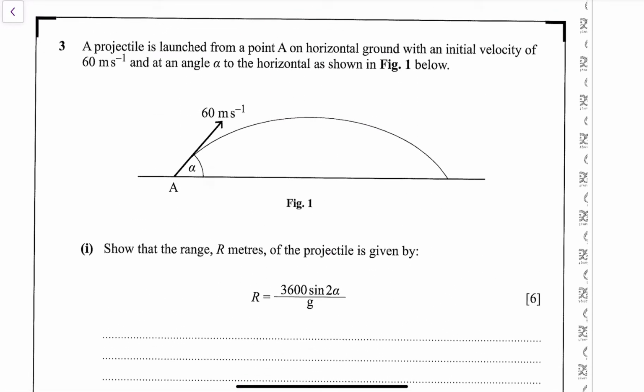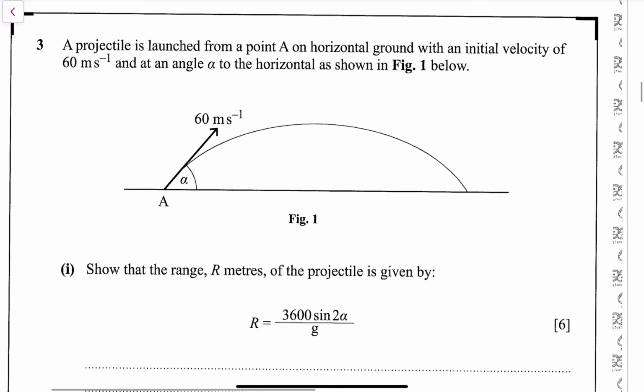Okay, projectiles. Folks, you really need to know how to do these. This is on your specification, that you need to be able to work out your equations of trajectory. They've sort of given you this, but instead of really learning the equations, I would be very wary of doing that.